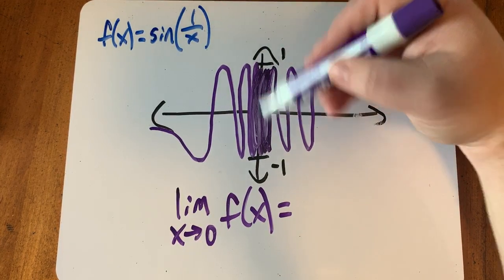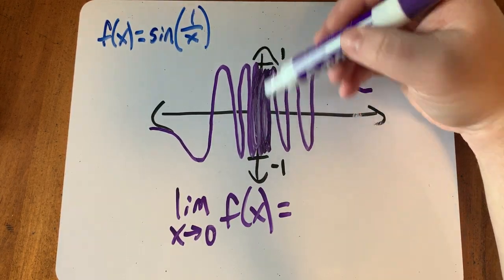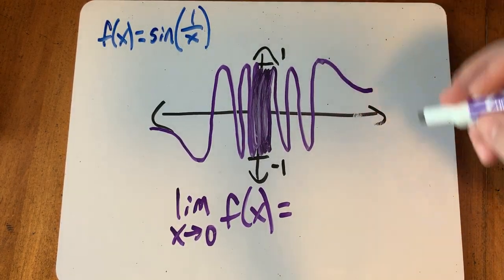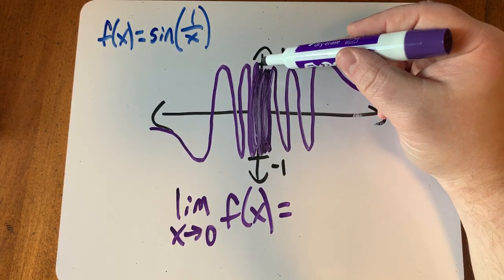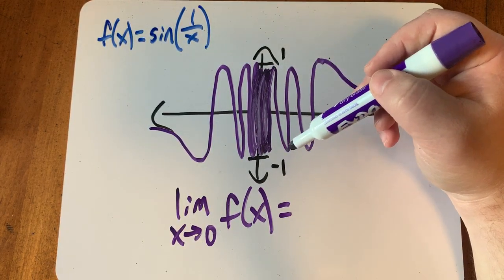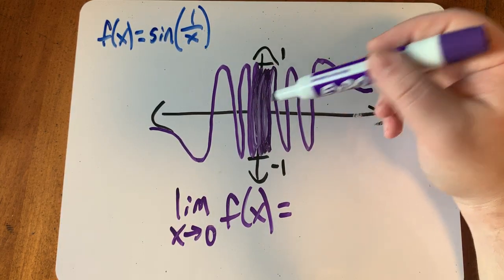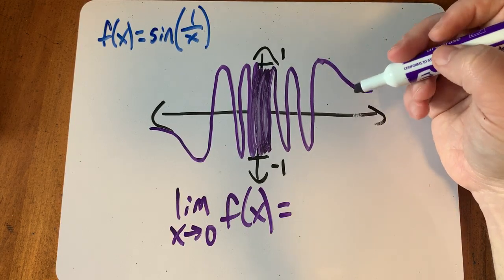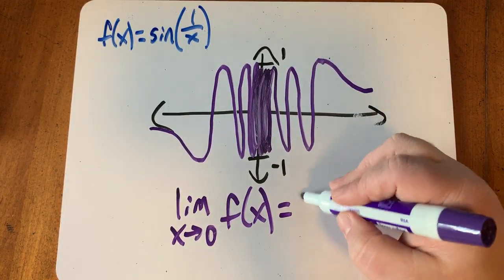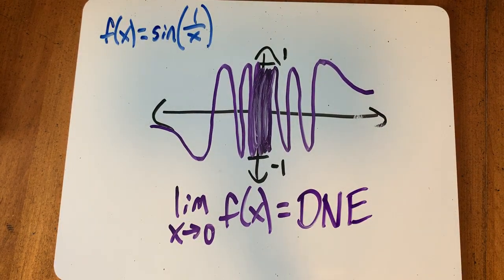So you're constantly bouncing back and forth, and you can find a number closer to 0 where you would be at the opposite value. So since you're neither approaching 1 or negative 1, you don't just take the average of those two. So it's not like you can say, oh, well, it's approaching 0. It's not. It's not approaching anything because you're constantly switching back and forth between what it approaches. So that's when it does not exist.